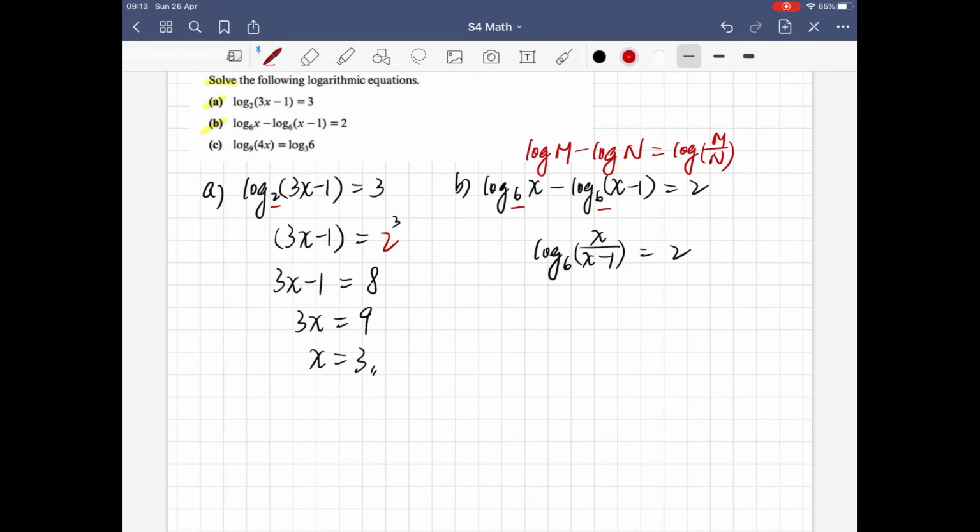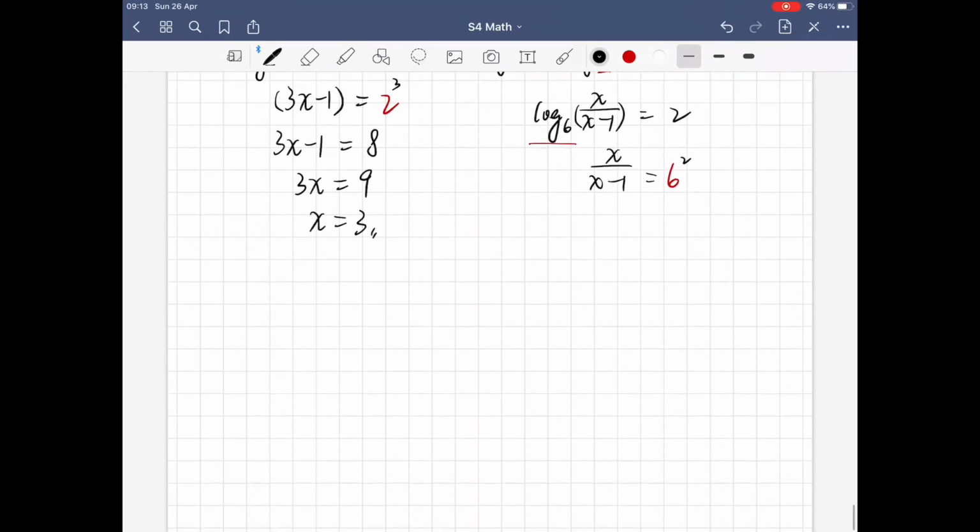Afterwards, we want to remove the log, so we convert it into the base of 6 squared, and the left hand side is x over x minus 1. So we have x over x minus 1 equals 36.